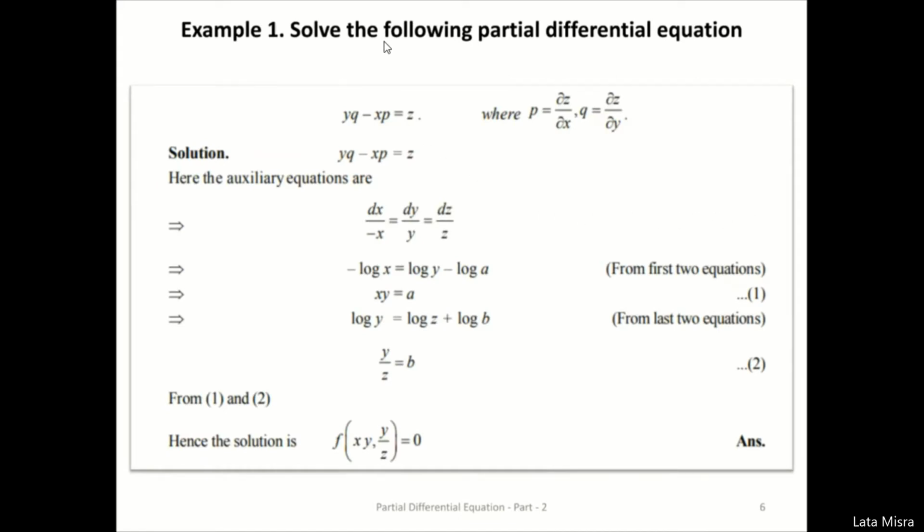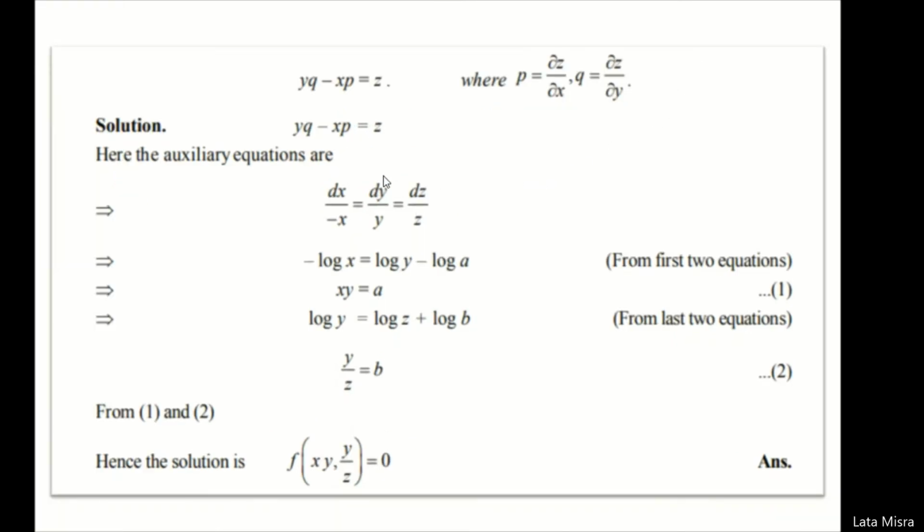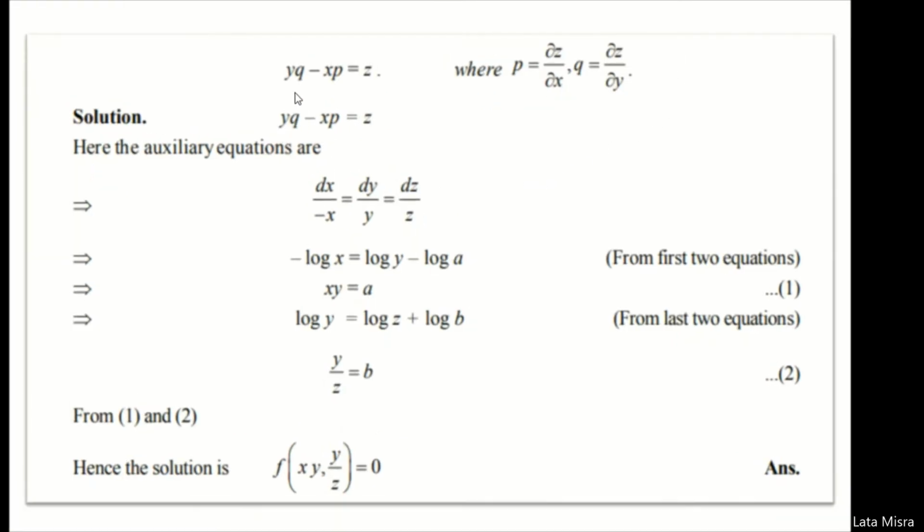Solve the following partial differential equation: yq - xp = z. We see this equation is Pp + Qq = R. The coefficient of small p is -x, the coefficient of small q is y, and the right side is z.